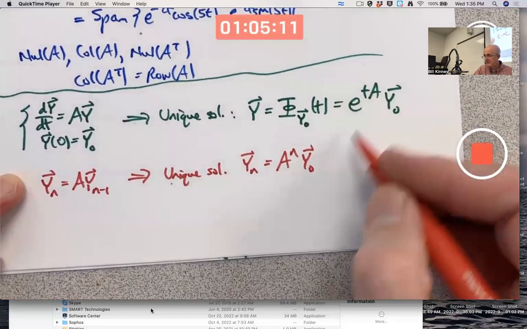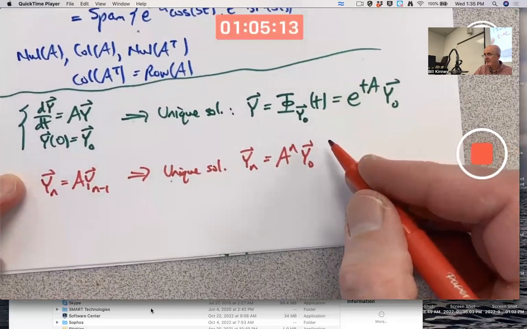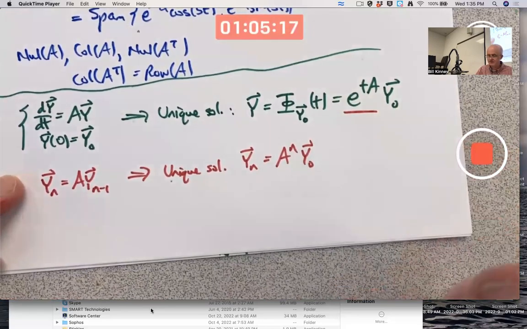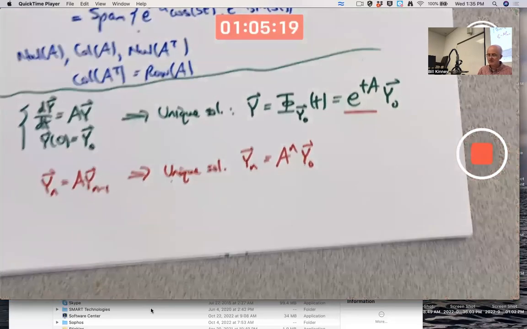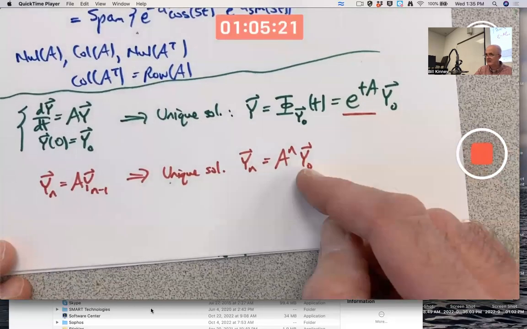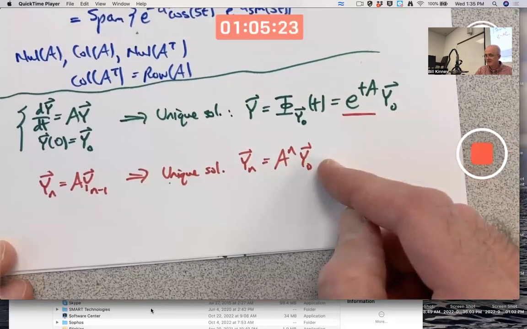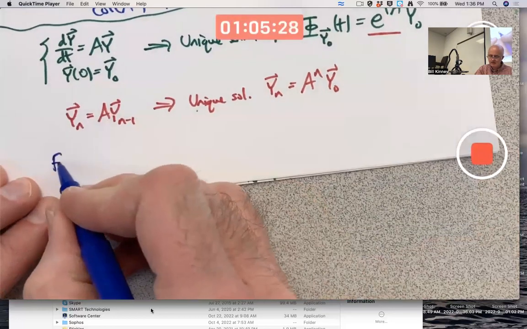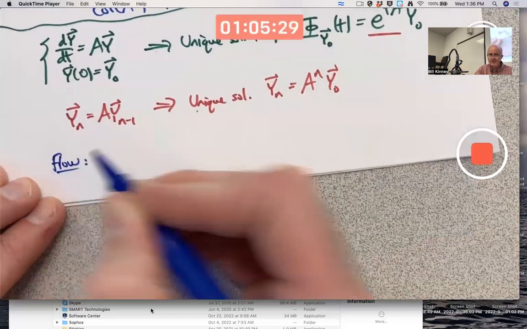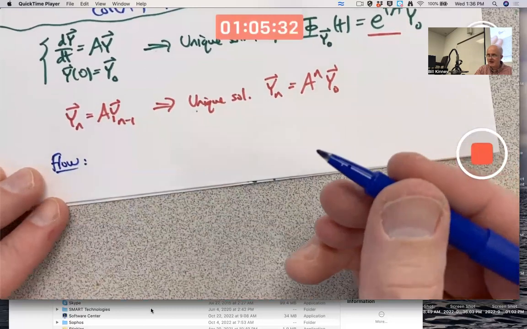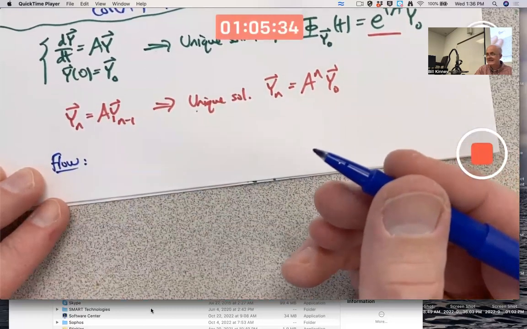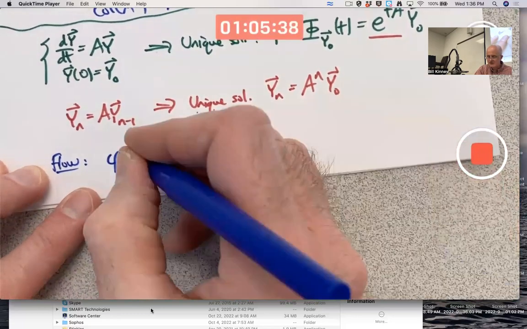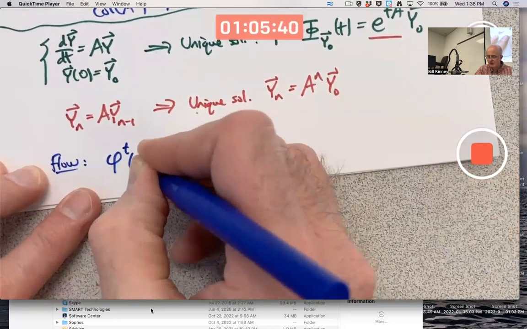But now to relate these two things, well, there's the matrix exponential. We also want to think about flows. The flow idea helps relate these two ideas. What I mean when I say the word flow is what I also call the time t maps. Use a curvy phi, superscript t of y0.